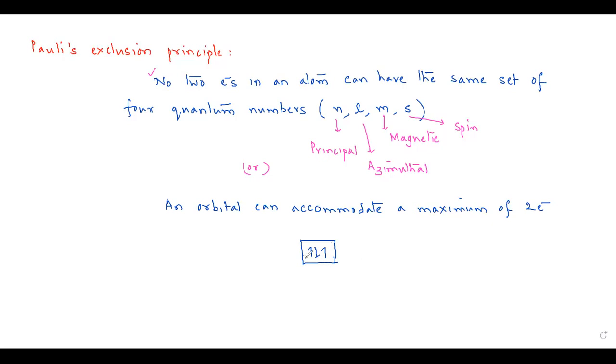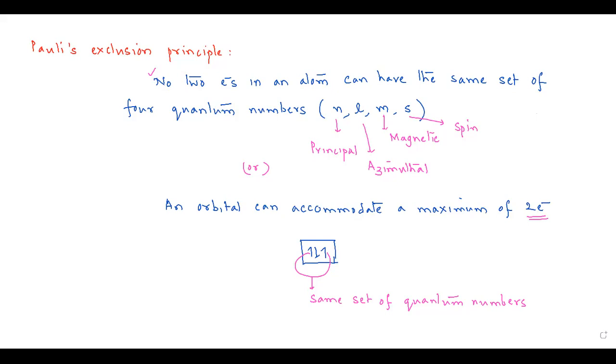If at all it is written, then the first one and the third one, of course, will have the same set of quantum numbers. So that is the reason why you cannot write more than 2 electrons in an orbital. So this restricts the maximum number of electrons in an orbital to 2. Is that okay? So this is Pauli's exclusion principle.